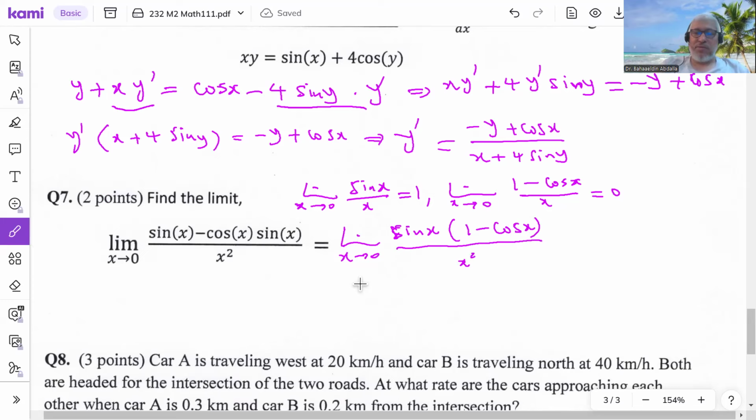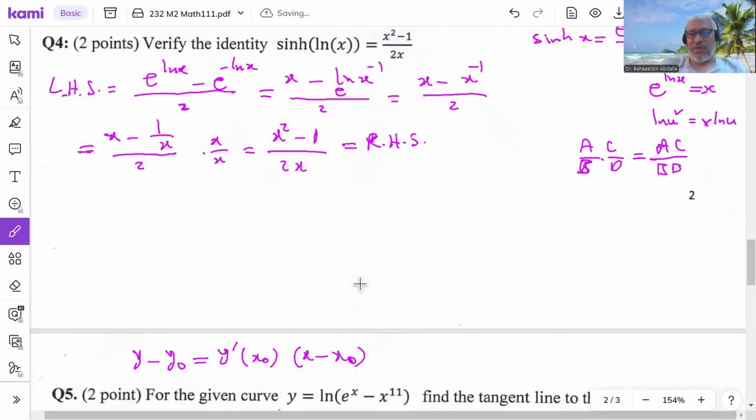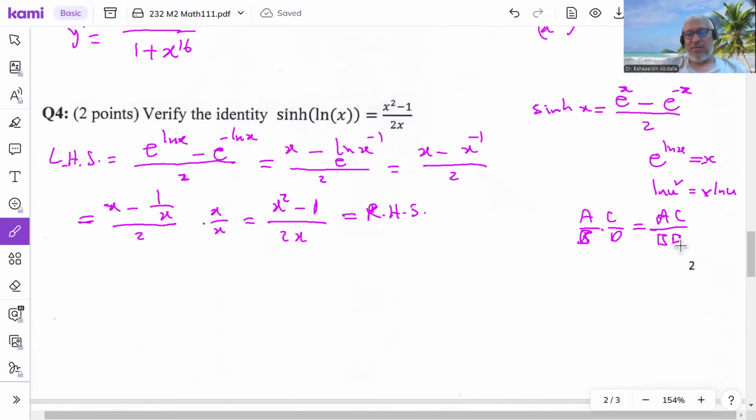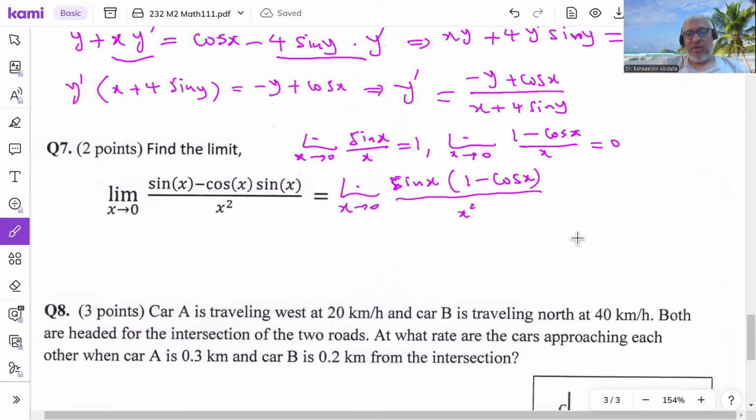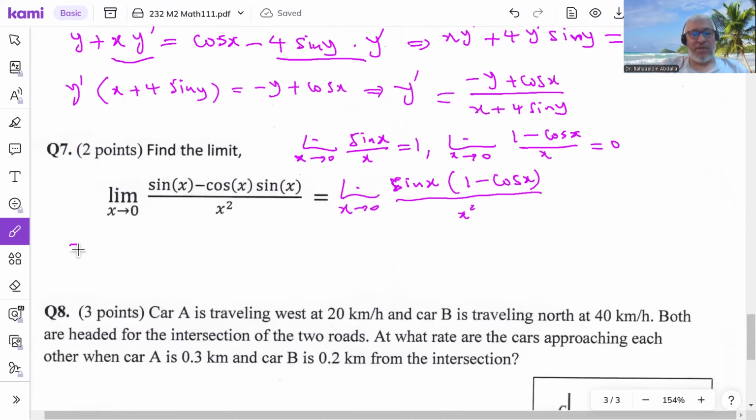And now, because of this fact, notice that AC over BD, you can write it as A over B times C over D. So I can write this as the limit of sine x over x, because I have x squared here, times 1 minus cosine x over x.